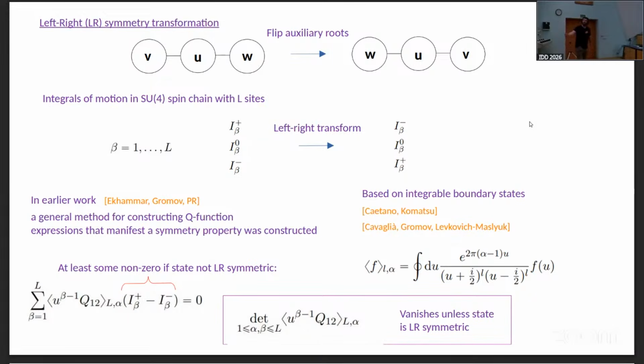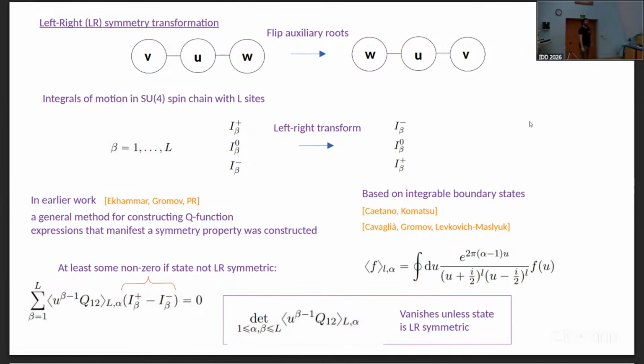In this SU(4) spin chain, there are three families of conserved charges, which we label as I+, I0, and I-, and there are a couple in each of these families. The left-right transform, at the level of integrals of motion, maps the plus family to the minus family. The 0 family is invariant, and the minus family goes to the plus family.